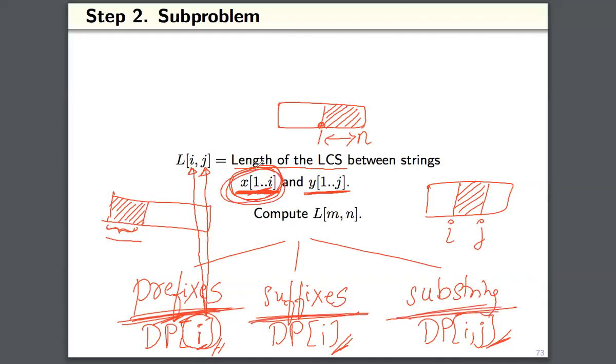Here we are using prefixes. You could have defined using suffixes also here, not a big deal. They are kind of symmetric. But for some problems, you have to use either suffix or prefix, and that need not be symmetric. But here we can either use prefixes or suffixes. We have chosen to represent it using prefixes, okay?